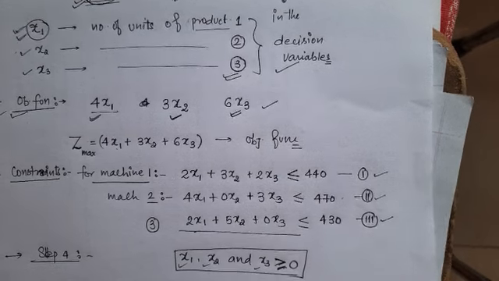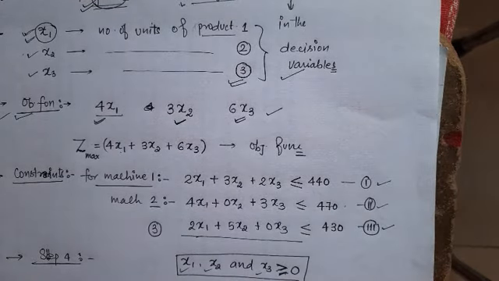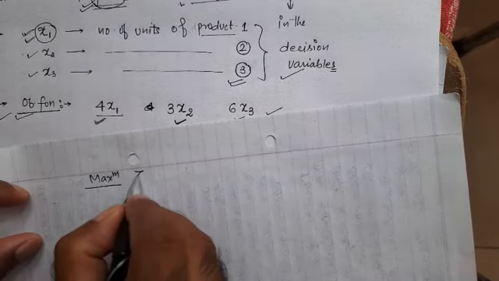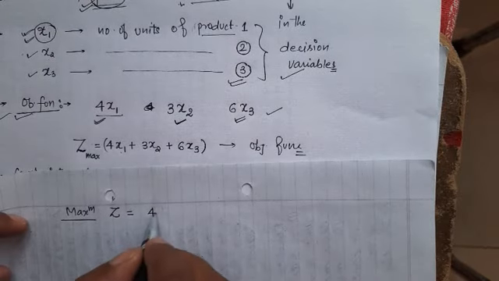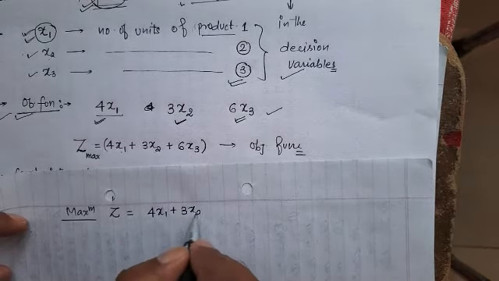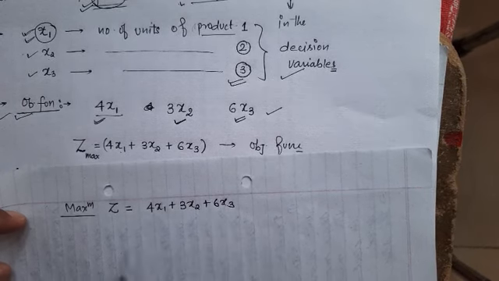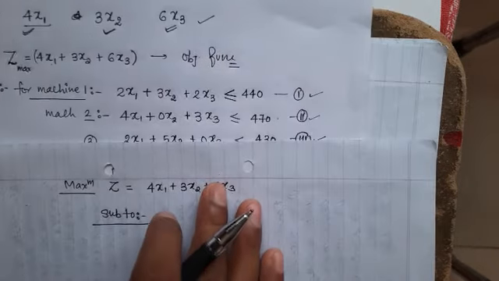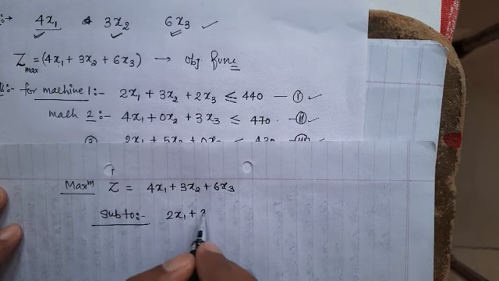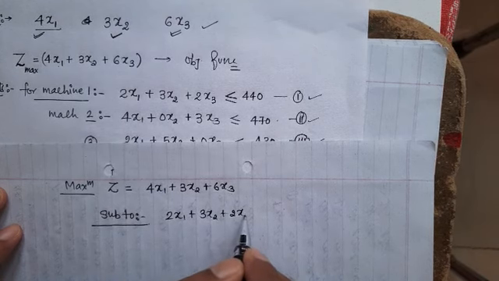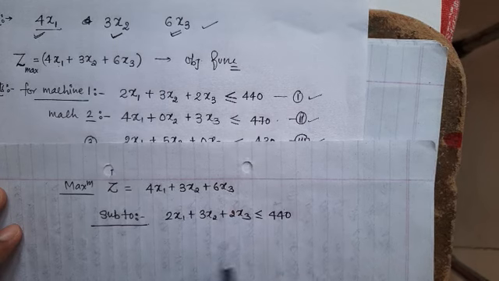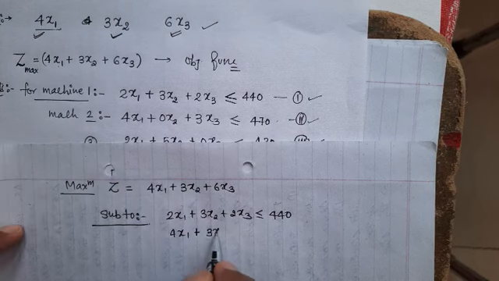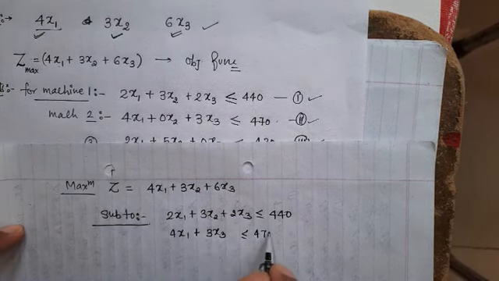So if I summarize, I will write how to write this problem. The problem is to maximize z, where z is equal to 4x1 plus 3x2 plus 6x3, subject to three constraints. Constraint 1: 2x1 plus 3x2 plus 2x3 less than or equal to 440. Constraint 2: 4x1 plus 3x3 less than or equal to 470.